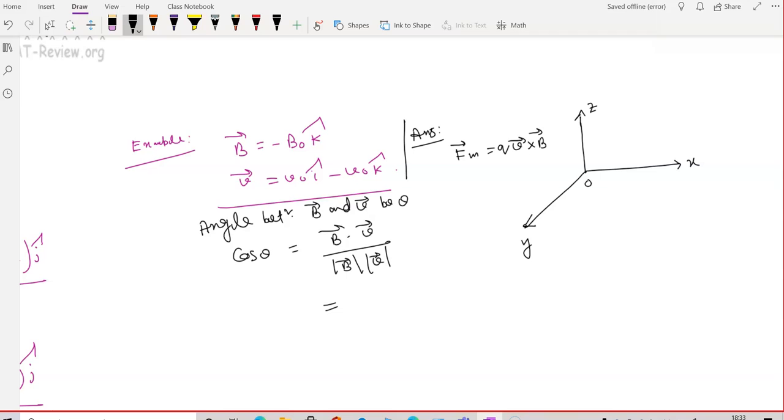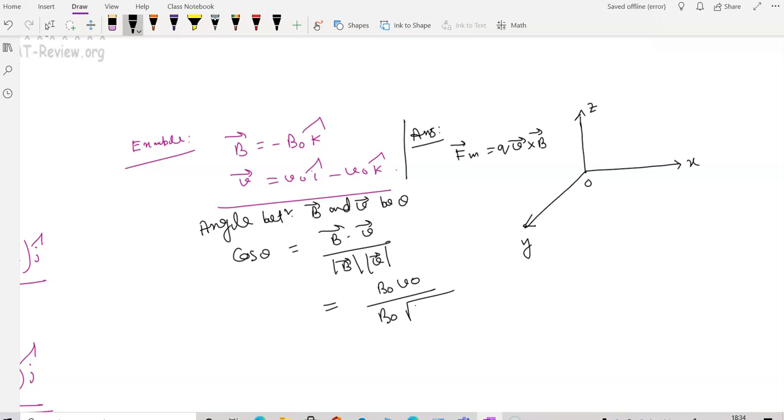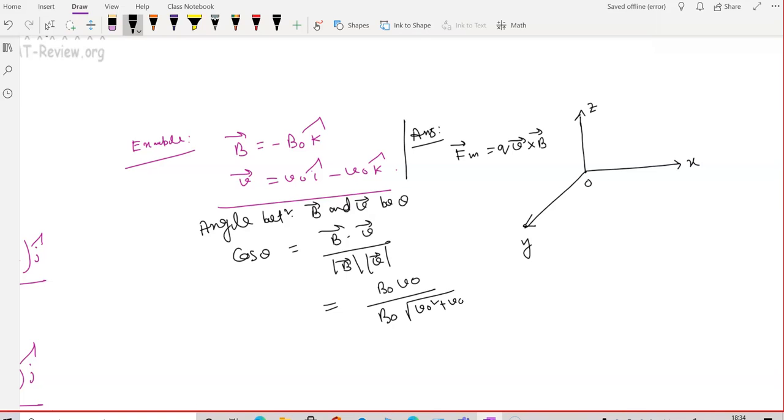This is going to be B0 V0 by mod B, which is B0, and mod V, so theta is 45 degrees. Okay. So here the case will be that, and let us find this also. Then you will decide q V cross B.